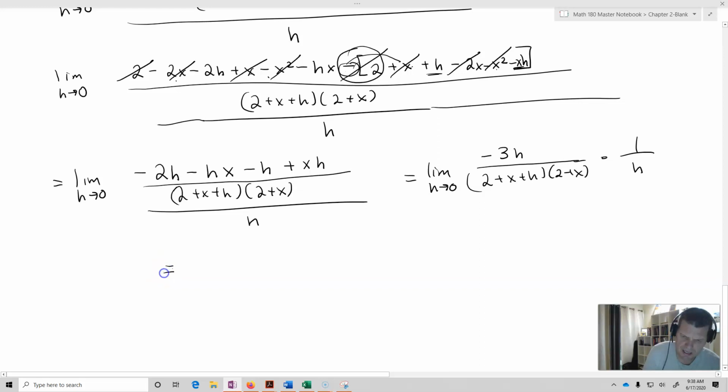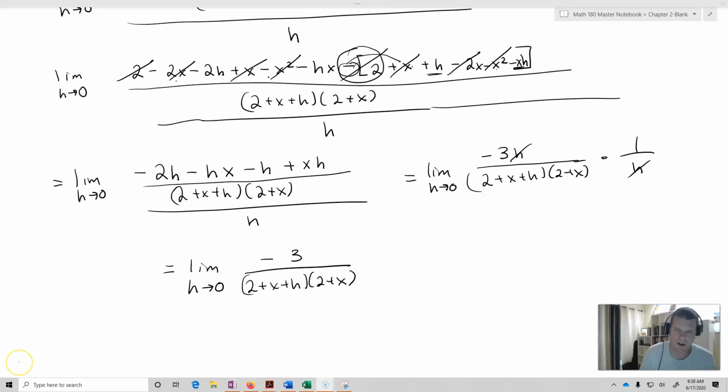And so the h's will cancel out, and we're left with the limit as h approaches 0 of negative 3 over 2 plus x plus h times 2 plus x.